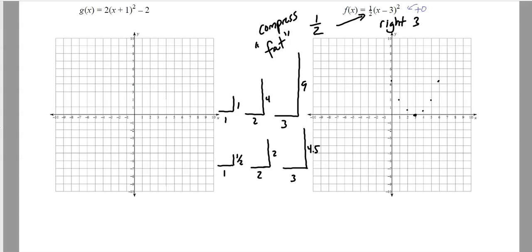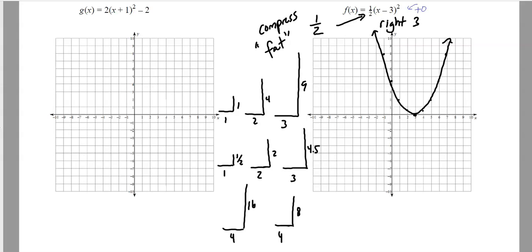And if I wanted to keep going, normally I would go 4 squared is 16, but here I'm going to go 4 over and half of that. So I'm going to go over 4 up 8, which, when you make them fat like this, you can actually fit them on the graph a little bit easier. So now I have this kind of fatter parabola coming down. It kind of looks something like that.